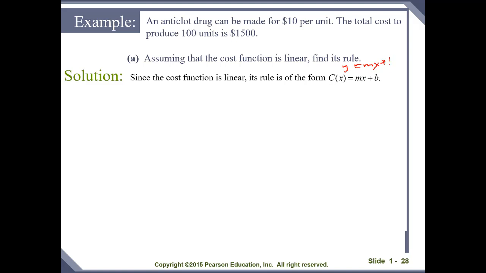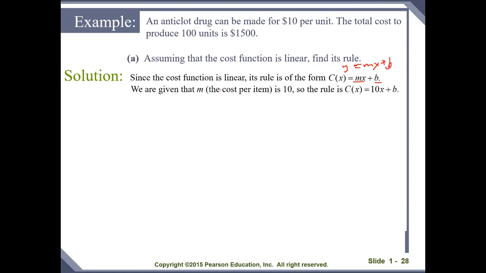And just like with a slope-intercept equation, remember, all functions are equations. m is our slope, b is our y-intercept. It's where it crosses the y-axis. So here it's going to be where it begins. Because remember, our x-axis is not going to ever be negative in most business applications.